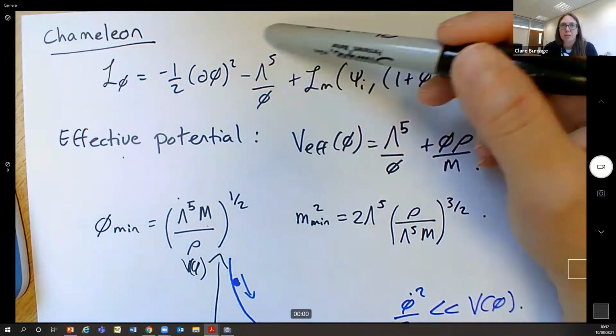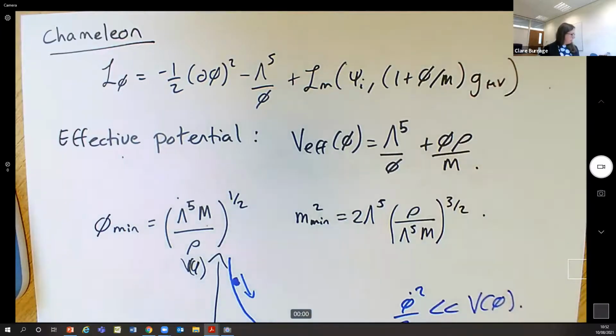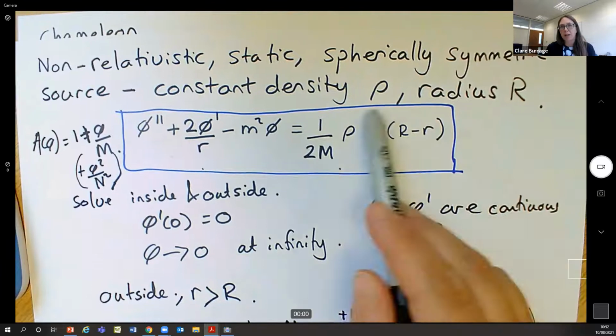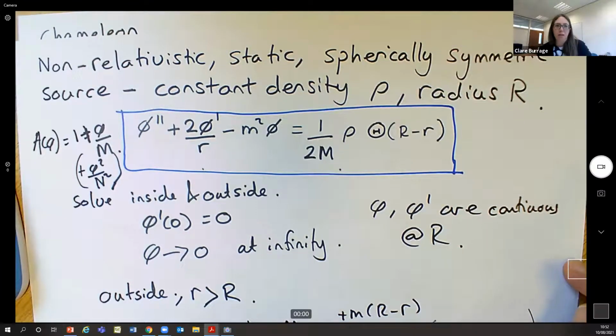We're going to get a derivative of our potential, and as we saw previously, we get a source term on the right hand side, which depends on our matter source.